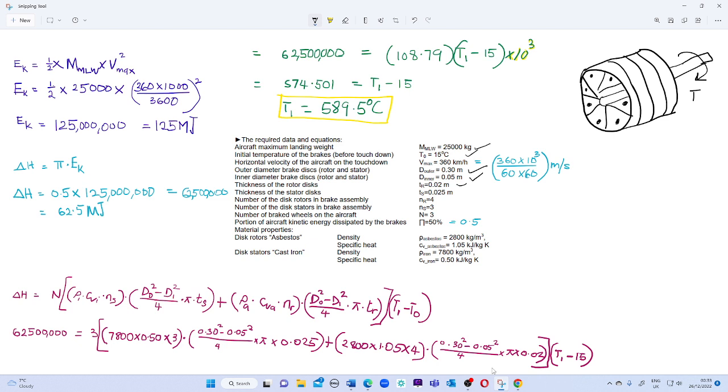Also, we are given the thickness of the stator disc to be 0.025 meter, the number of rotors in the brake assembly to be 4, the number of stators in the brake assembly to be 3, and the number of wheels of the aircraft, which is 3 wheels.